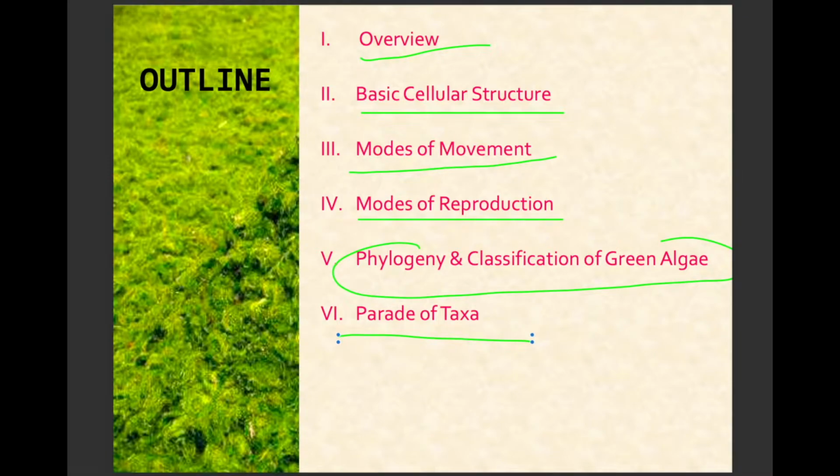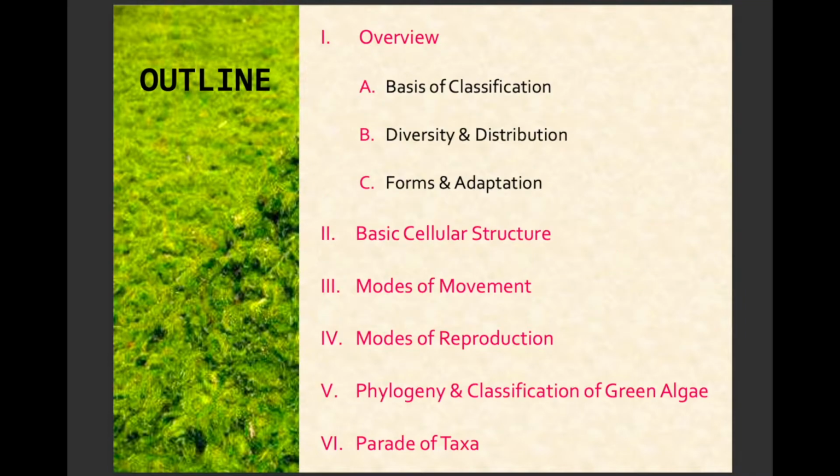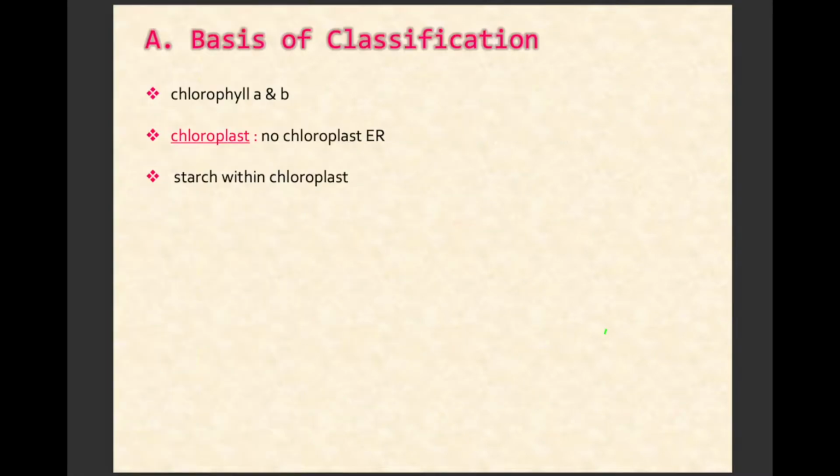So let's first go to the overview of your chlorophytes, with the basis of classification of the group. First and foremost, the most defining characteristic that we can give to them is the presence of chlorophyll A and chlorophyll B, since they are the only group that has chlorophyll B, most of them.